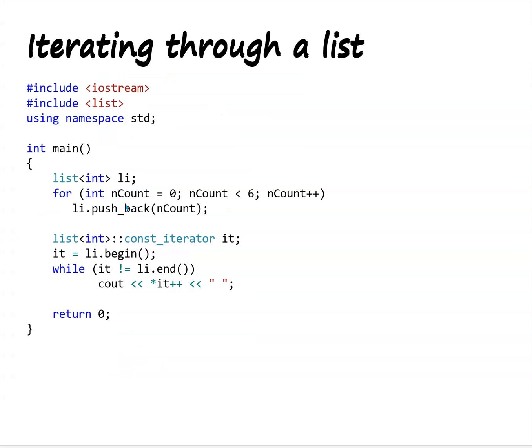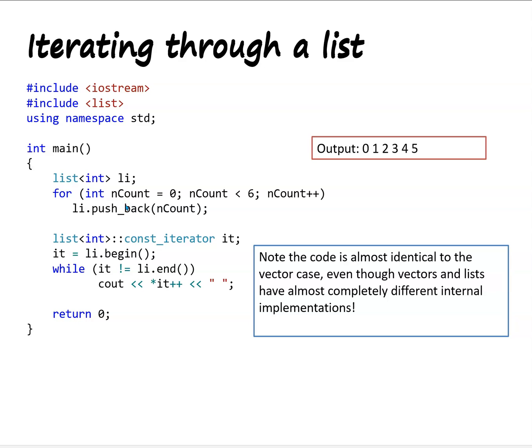Okay, so that is a very quick introduction to the list in STL. The code is almost identical to how we do it with a vector, even though under the covers, vectors and lists are completely different.